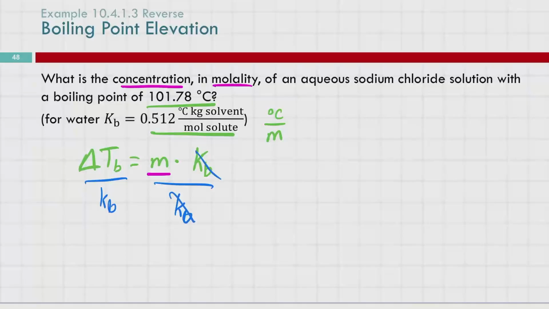The KB disappears from the right side, and we get m equals the change in TB divided by KB. Do we have KB? Yes, we have KB.